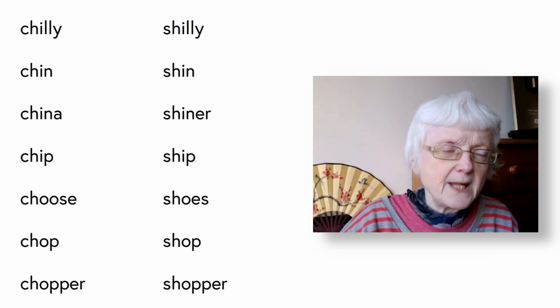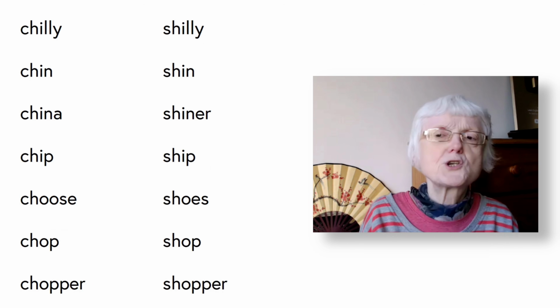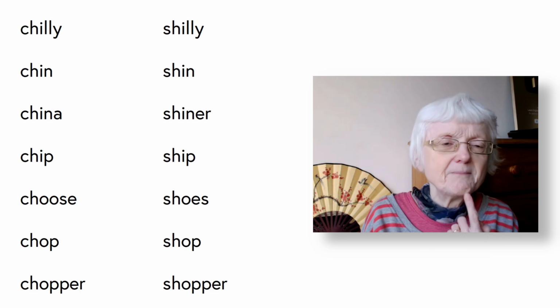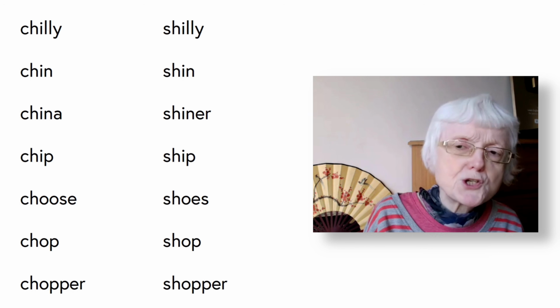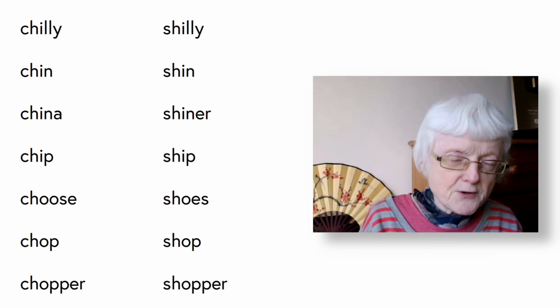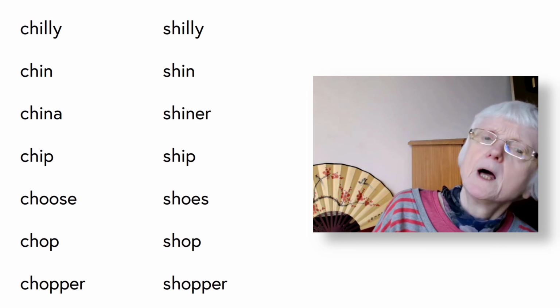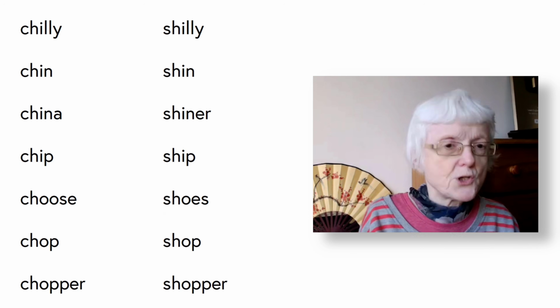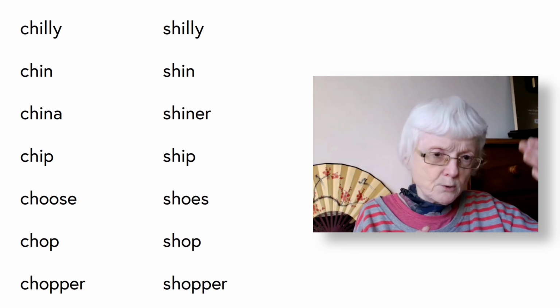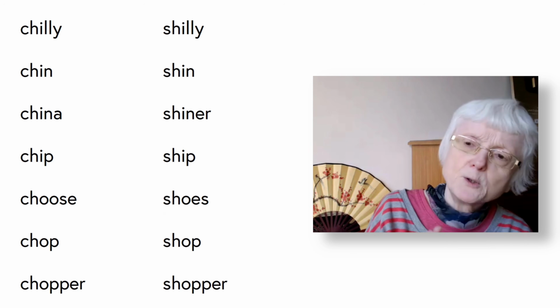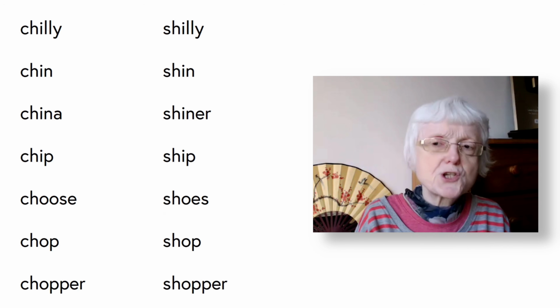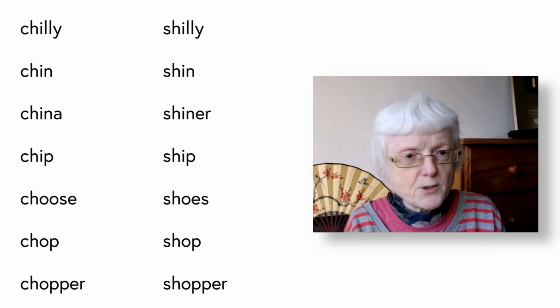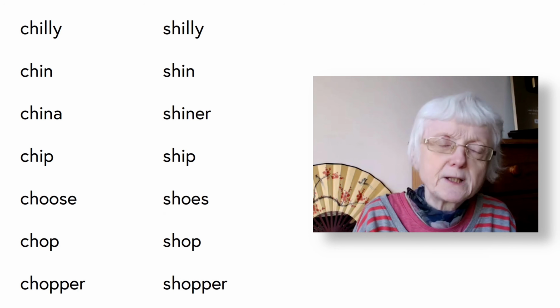Right, the next pair, chin, that's the chin, and shin, that's another part of the body, on your leg below your knee, the bone below your knee. That shows how misunderstandings can come up.